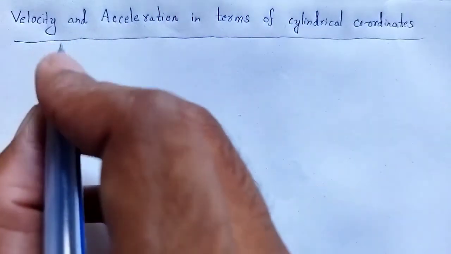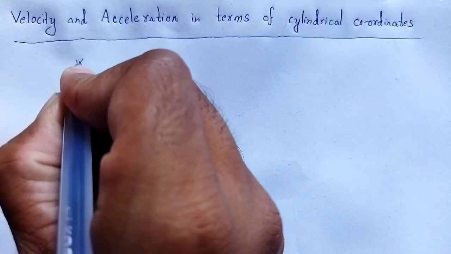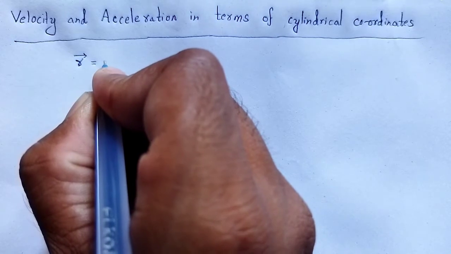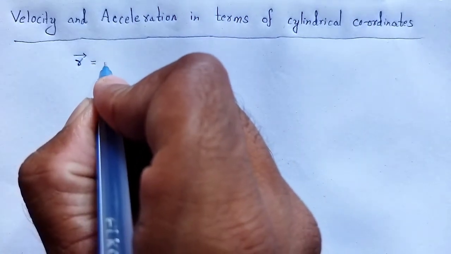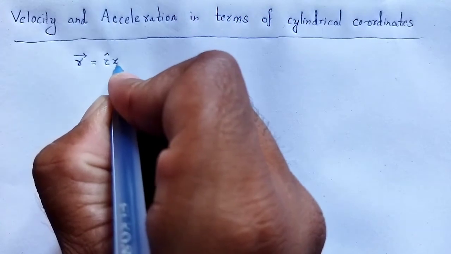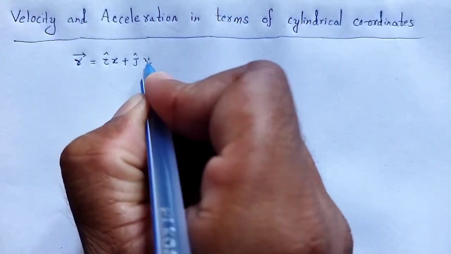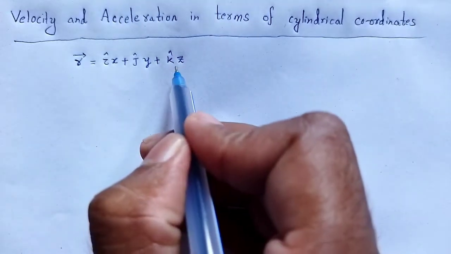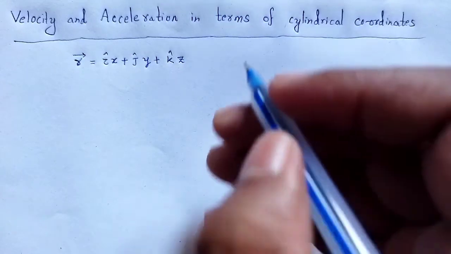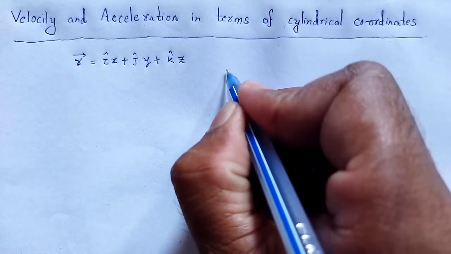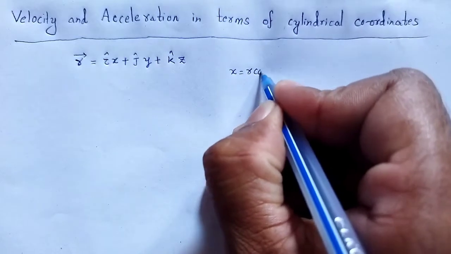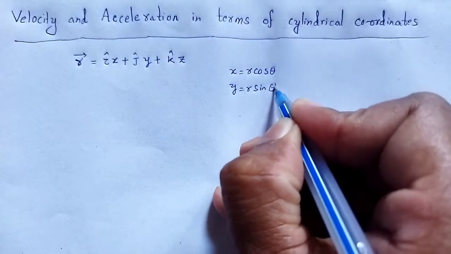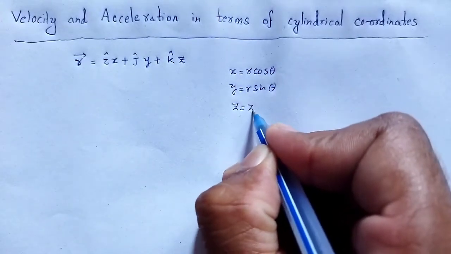The position vector r vector is given by i cap x plus j cap y plus k cap z, that is the position vector in Cartesian coordinates. For cylindrical coordinates, we can write x is equal to r cos theta, y is equal to r sin theta, and z is equal to z.